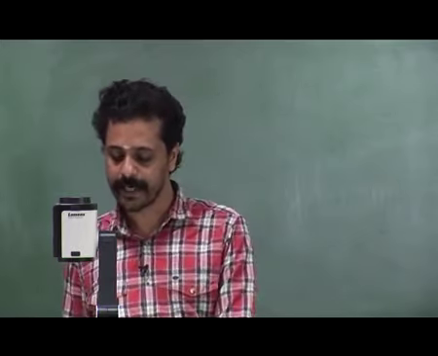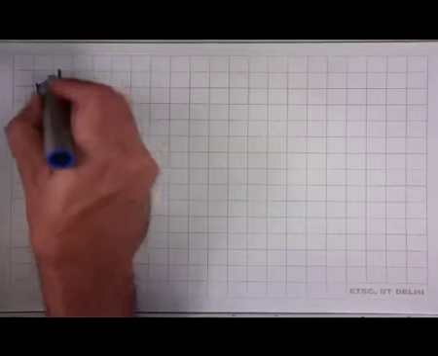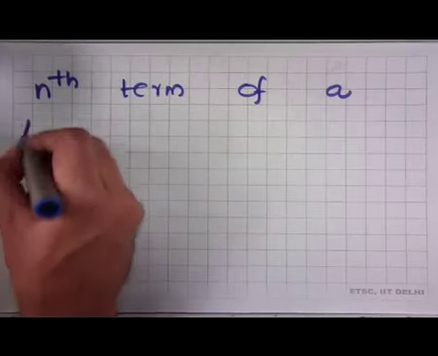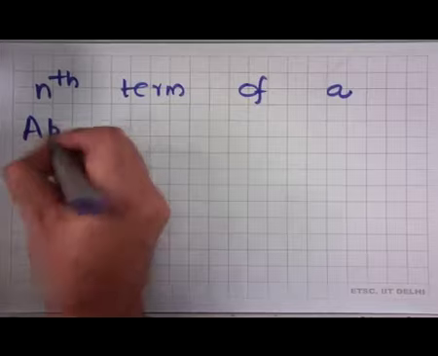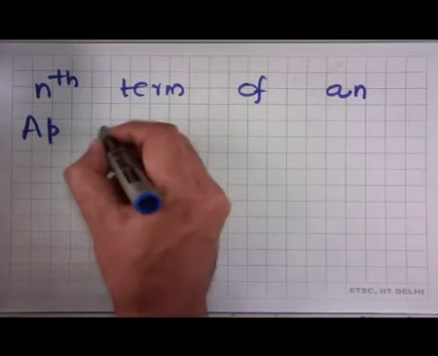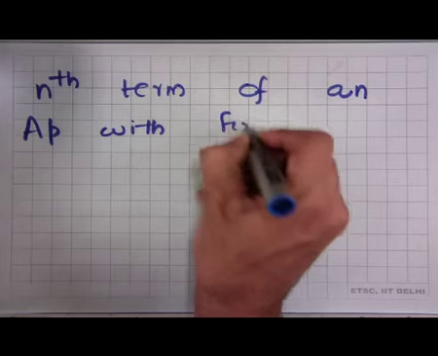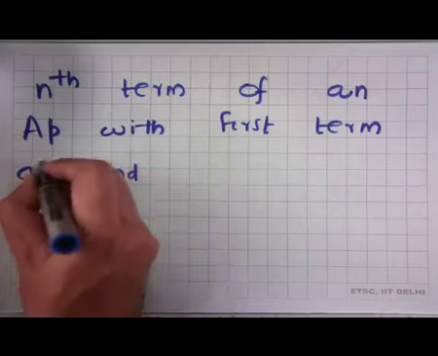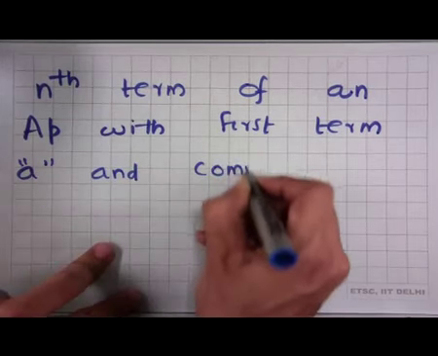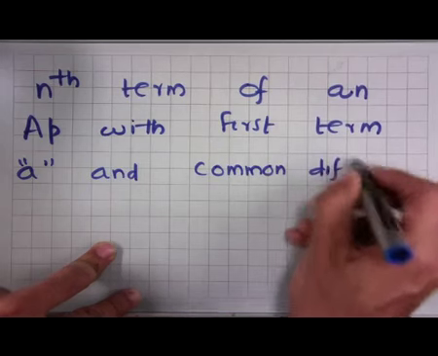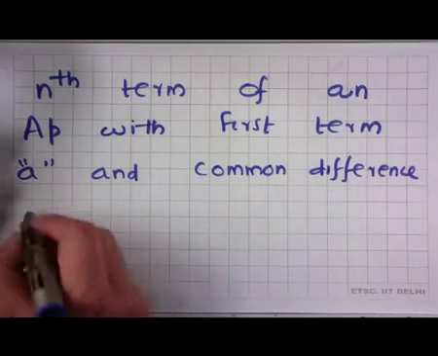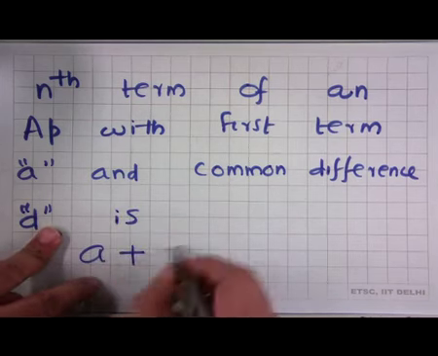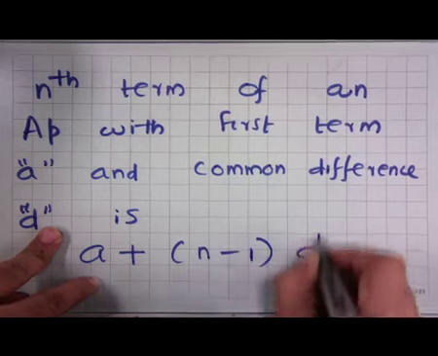So, in general, the nth term of an arithmetic progression with first term a and common difference d is a plus (n minus 1) into d.